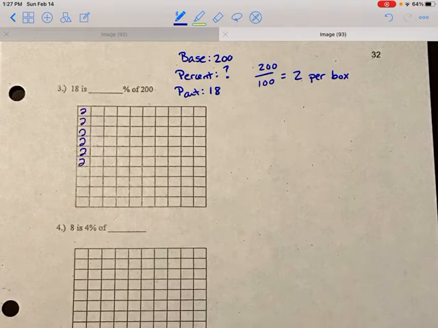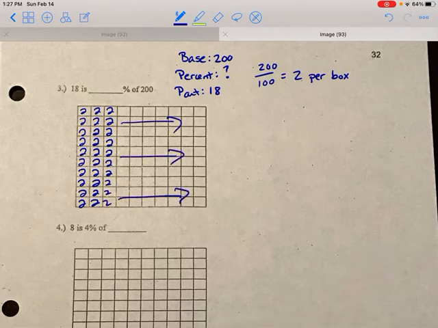And the idea is if I add up all 100 boxes, I get my base, which is 200. So just like I did last time, I'm going to fill in just a little bit. I'm not going to do all 100. And then I'm just going to do arrows to indicate that the rest is marked in.